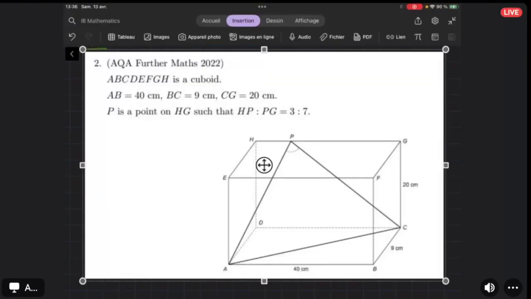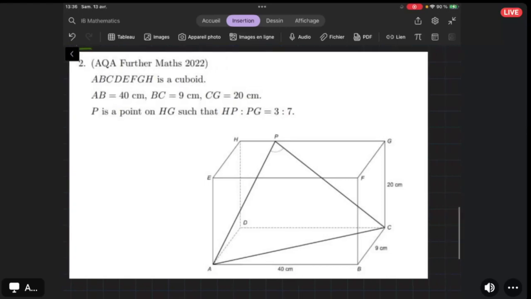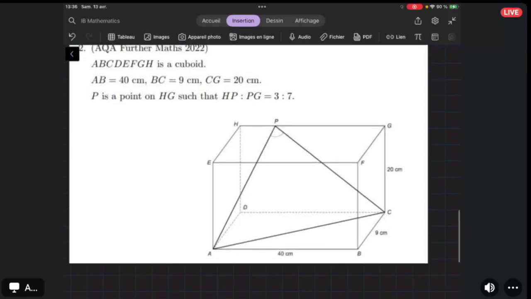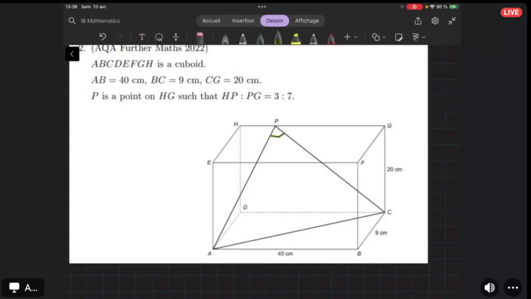Look, I don't want to assume the question going through, you know. This looks fun. And work out the angle APC that they put there. Oh wow, it goes to the next page.